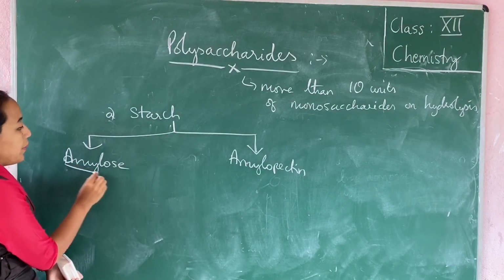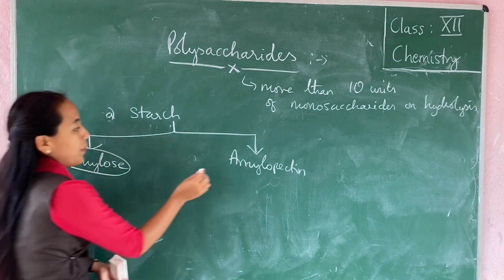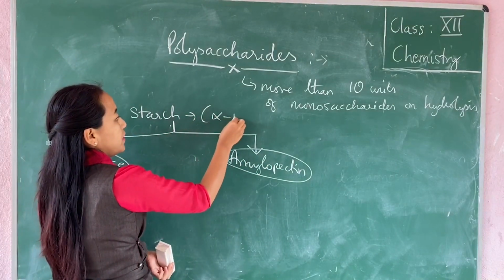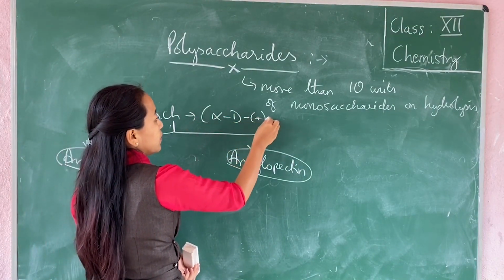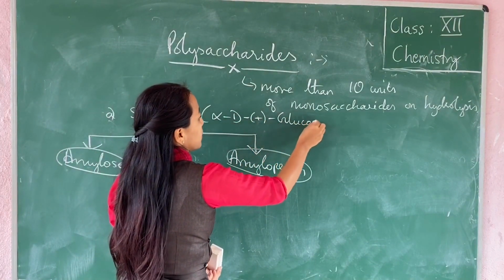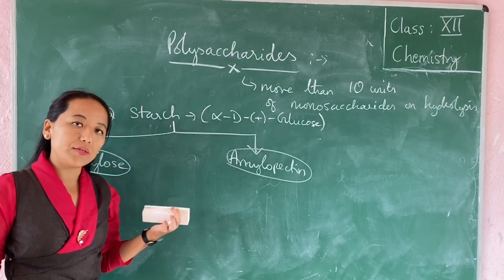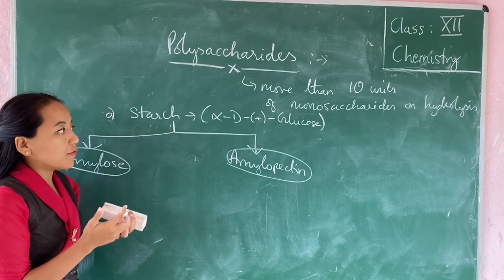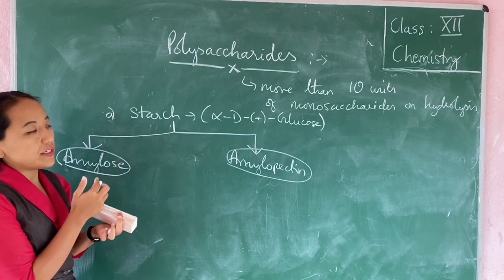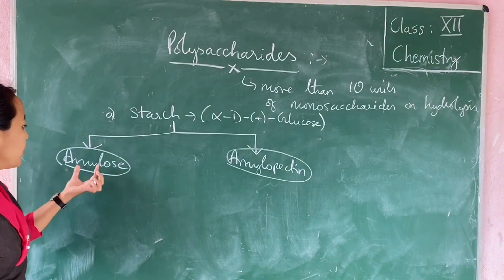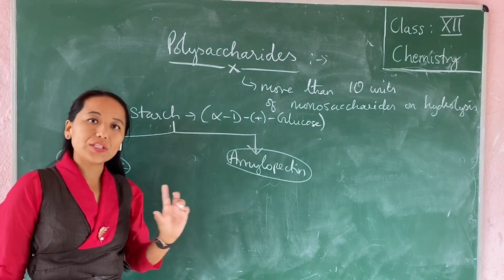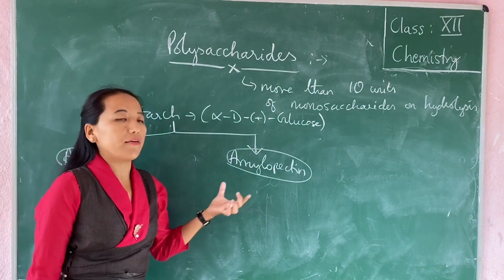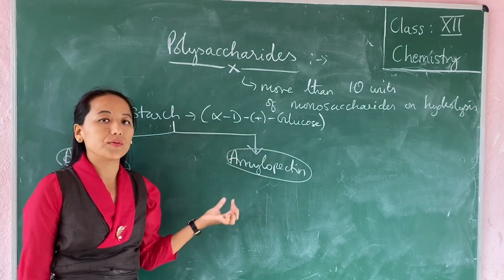Now amylose and amylopectin both are made up of alpha D glucose. Many alpha D glucose units come together to form starch. Now there are two ways of branching of alpha D glucose units. You have amylose, in which you have a straight chain of alpha D glucose units, whereas in the case of amylopectin, you have a branched chain of alpha D glucose units.